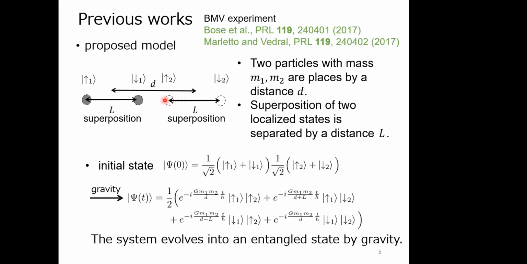Here, we assume that the wave packet of each particle does not spread, so the states are spatially localized. The basis of the state is given by up 1 up 2, up 1 down 2, down 1 up 2, down 1 down 2. The quantum state of the two particle system evolves with different phases. So the state evolves into the entangled state by gravity.